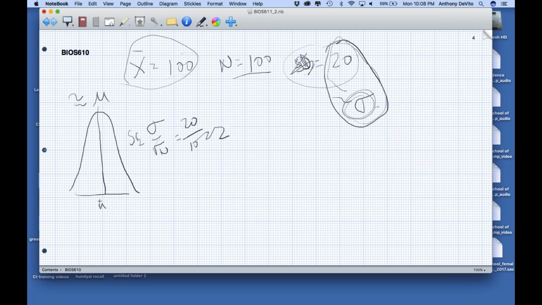So we know that if we happen to know the real population, then 95% of the samples that we would take from this population, if mu was indeed equal to 100, would be between two standard errors below the mean and two standard errors above the mean. In reality, we know that it's not really 2, that's an estimate. It's really 1.96 standard deviations below and above.